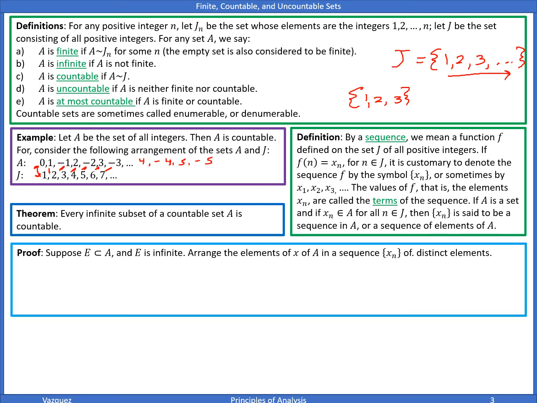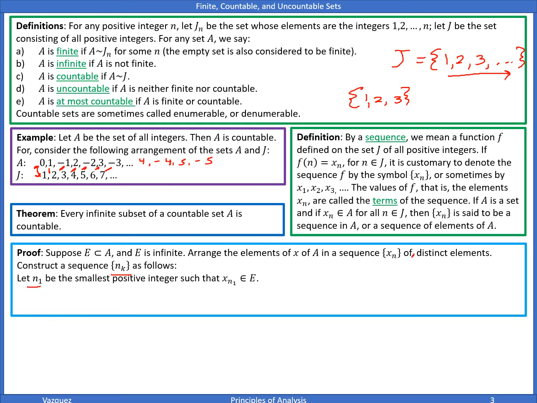So first, suppose E is a subset of A and E is infinite. We're going to arrange the elements of A in a sequence of distinct elements. Then we can construct a subsequence n sub k as follows.